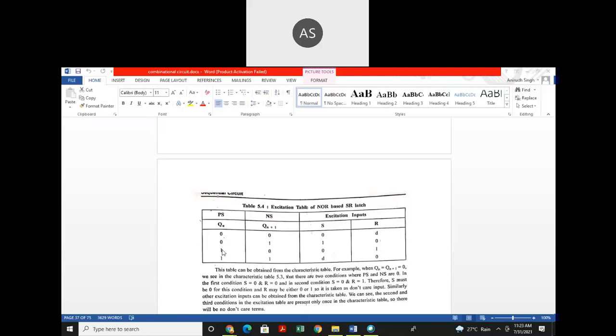When present state is 1 and next state is 0, means first Q is 1, then Q is 0. Q is 0 when set terminal is 0 and R is 1. When present state is 1 and next state is 1.